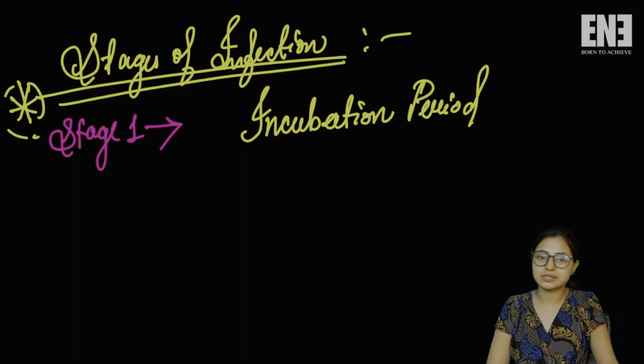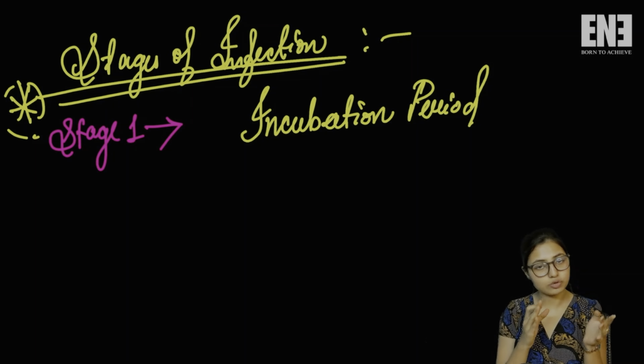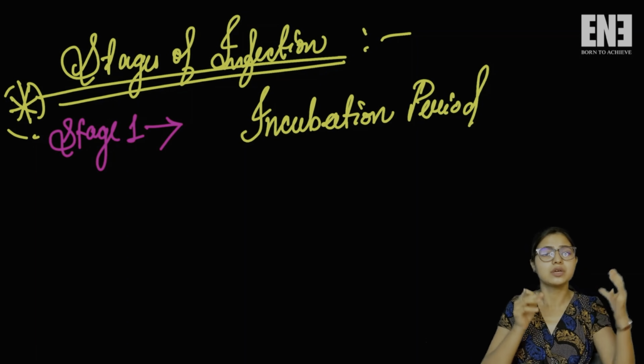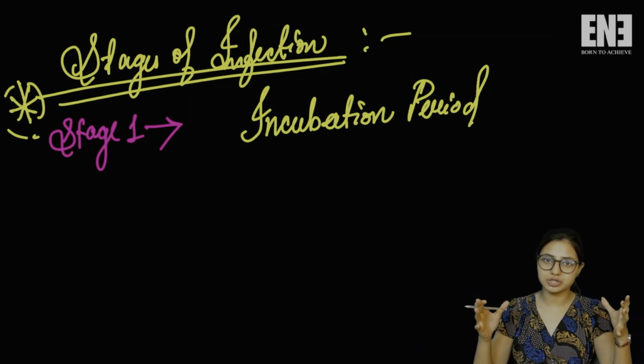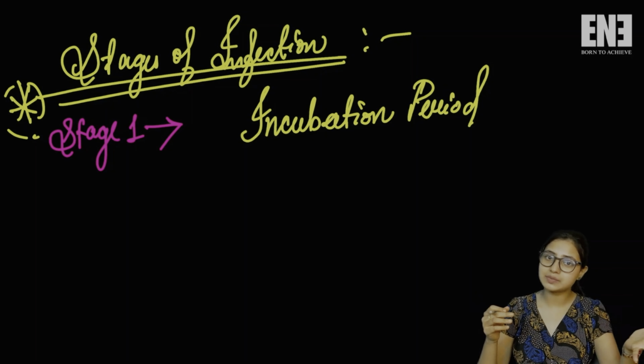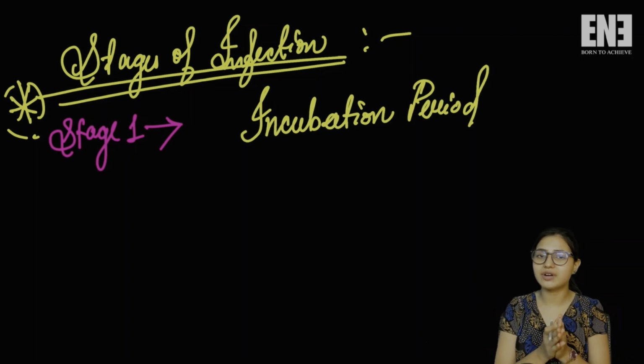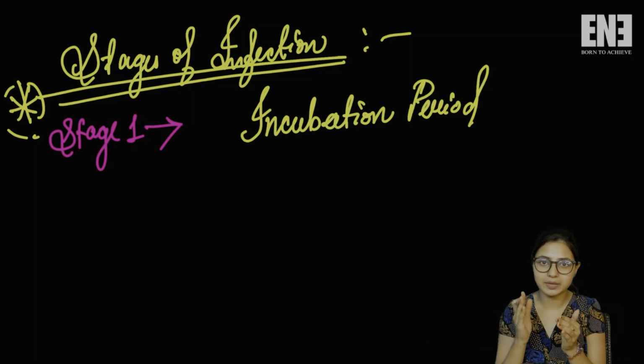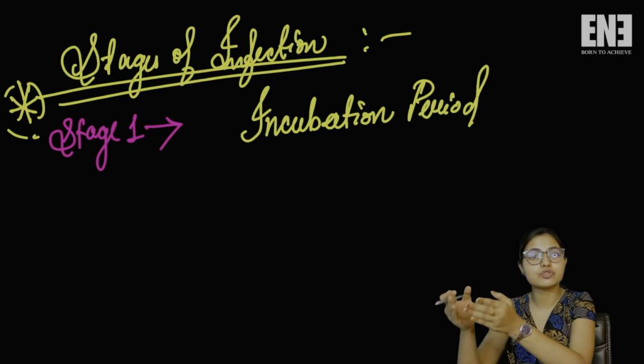So what happens in this duration, this first stage: whatever infection causing agents, the pathogens, the microorganisms, the bacteria or the virus or the fungi, whatever it may be, it is taking entry into your body.